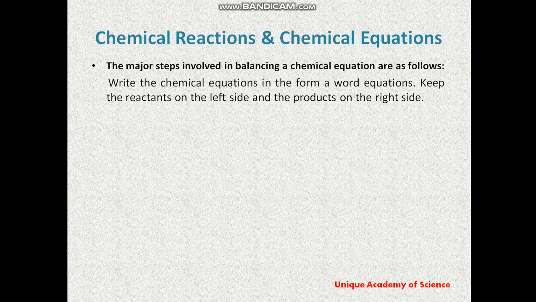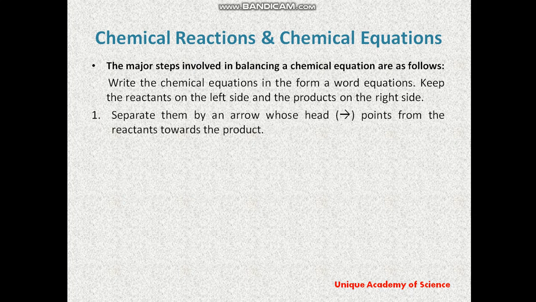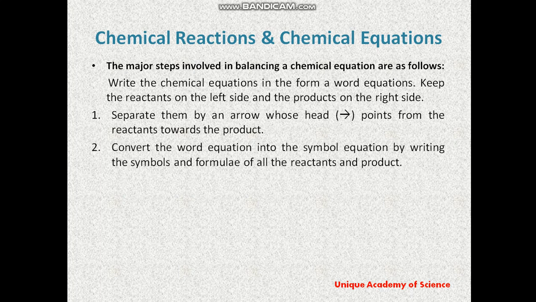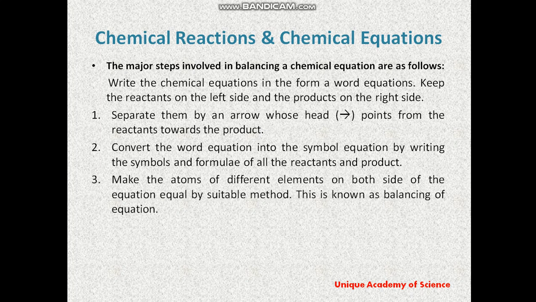Keep the reactants on the left side and the products on the right side, separated by an arrow symbol. Then convert the word equation into a symbol equation by writing the symbols and formulas of all the reactants and products.